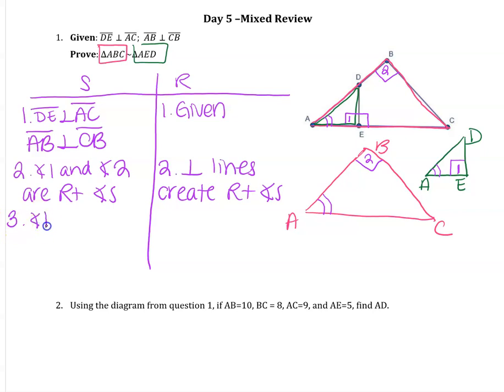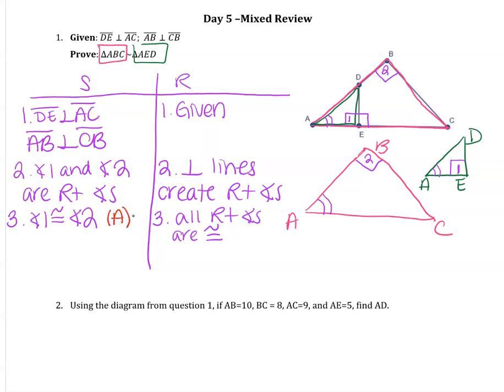From there, angle 1 is congruent to angle 2 because all right angles are congruent.